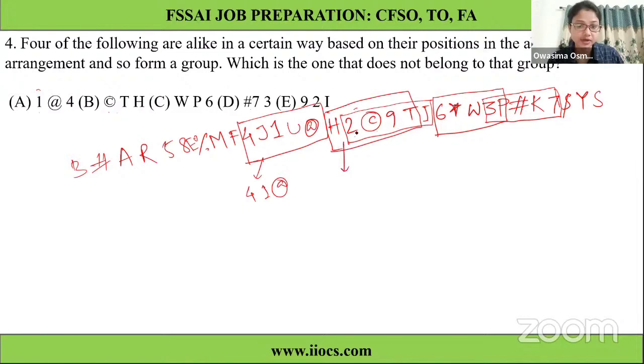If we eliminate the second and fourth term from this group, you will get H, T. Next, from this group, if we eliminate these, we will get 2, 9, I. From this group, we will get 6, W, P. Just eliminate the second and fourth term. And from this group, we will get 3, hashtag, 7.